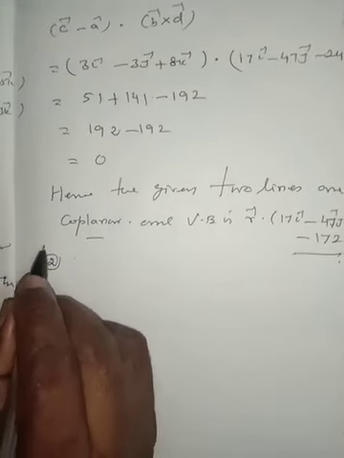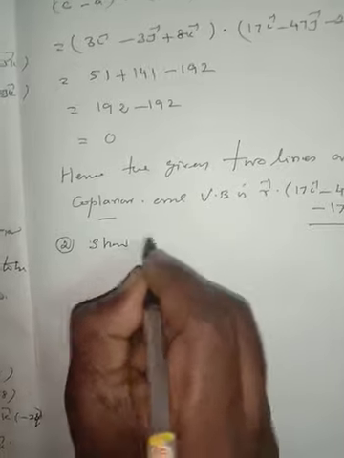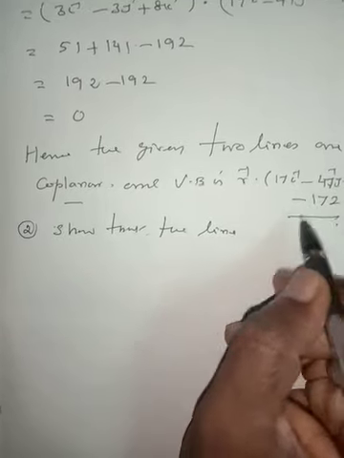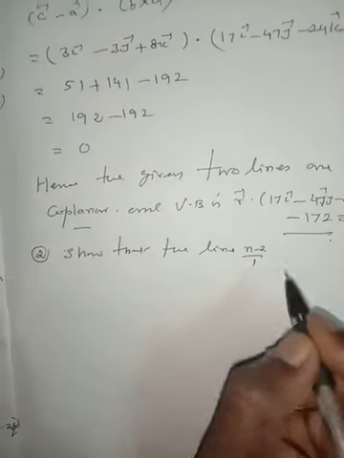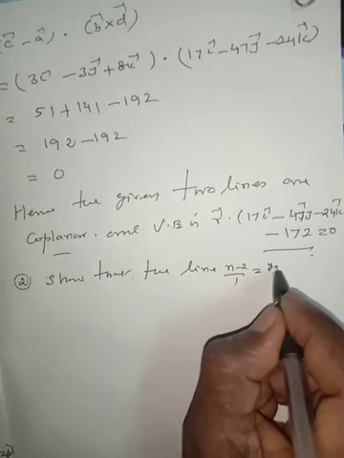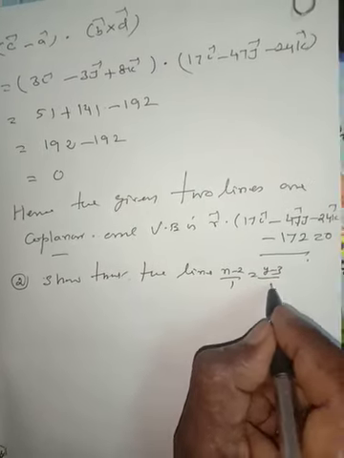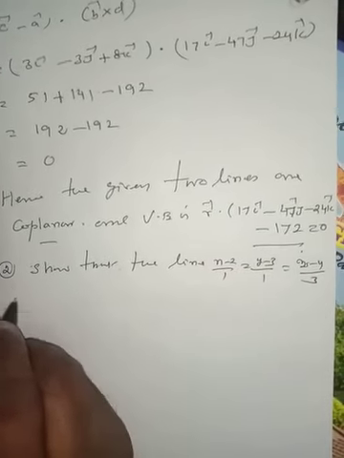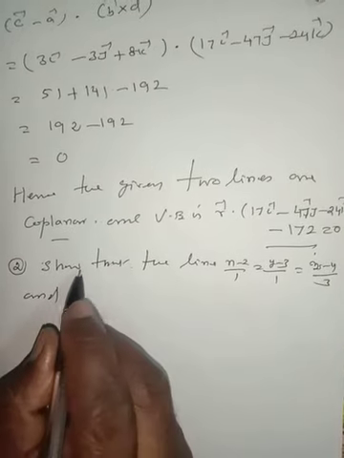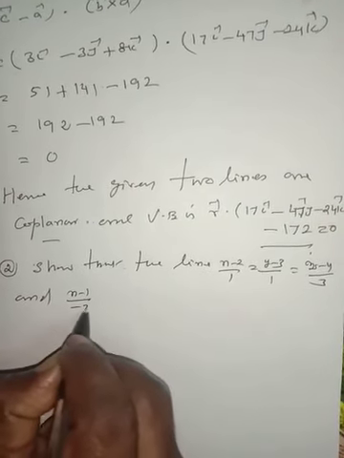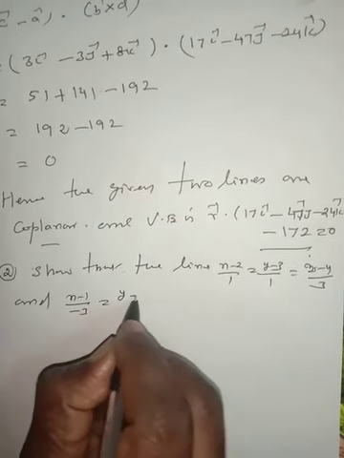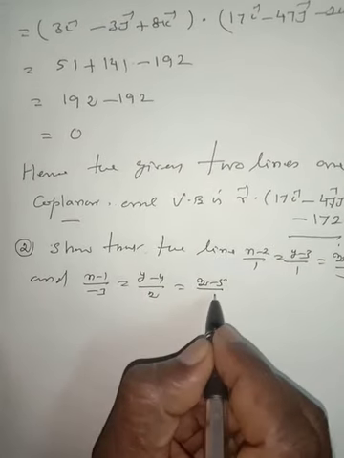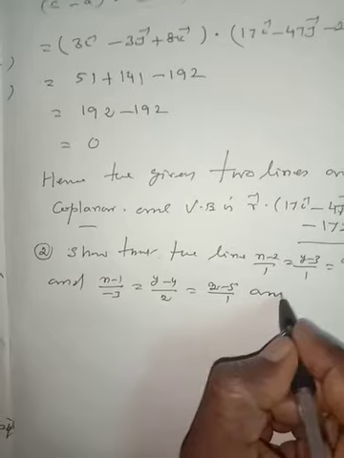Next, question number 2. Show that the lines (x minus 2)/1 = (y minus 3)/1 = (z minus 4)/3 and (x minus 1)/(minus 3) = (y minus 4)/2 = (z minus 5)/1 are coplanar.